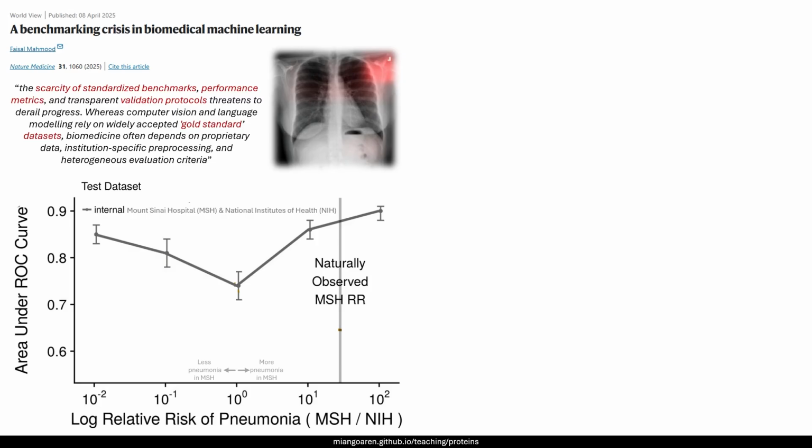And on the x-axis, what we see is a relative rate of pneumonia between two hospitals, such that values close to 1 represent a neutral rate in being able to detect pneumonia between the two hospitals, which are the one called Mount Sinai and the other one, the National Institute of Health.